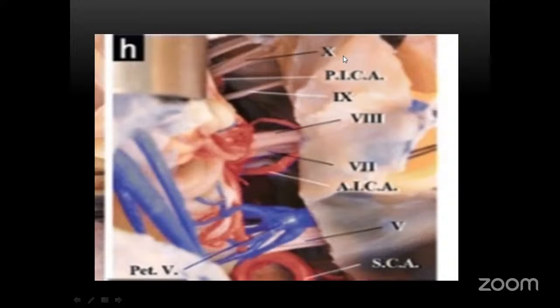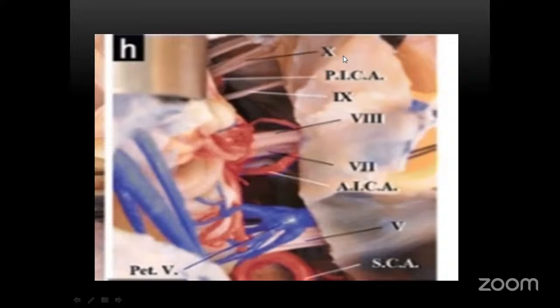Now if the petrous temporal bone anatomy has been cleared for them, then it will be very good and easy to understand the landmarks. If not clear, just put a message that we are not clear about this petrous part of the temporal bone anatomy or the approach, how we have to approach.